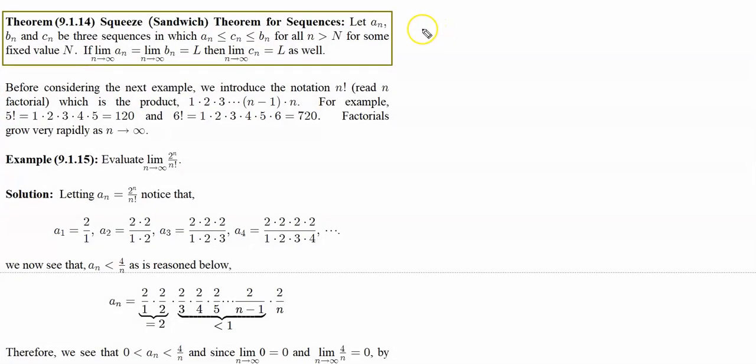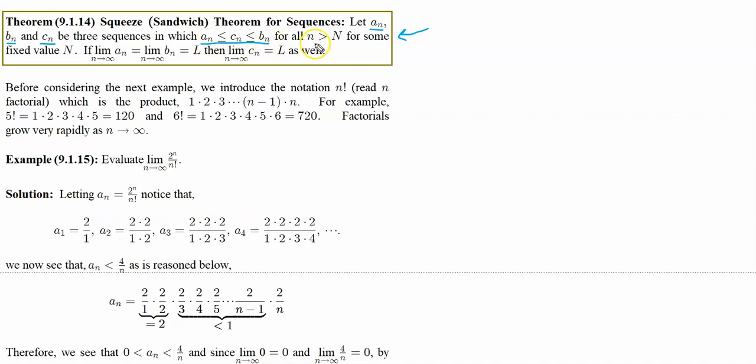Now let's consider this important result for sequences, called the squeeze theorem or sandwich theorem for sequences. In this theorem we're given three sequences, a sub n, b sub n, and c sub n, in which this inequality holds: the a_n's are less than or equal to the c_n's, which are less than or equal to the b_n's.